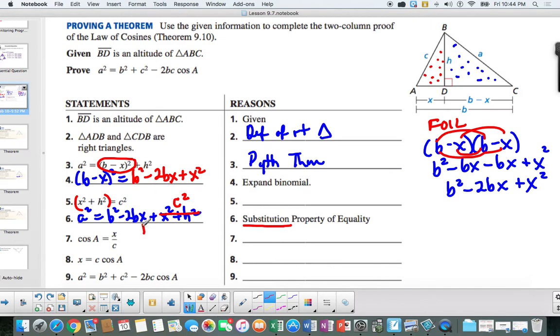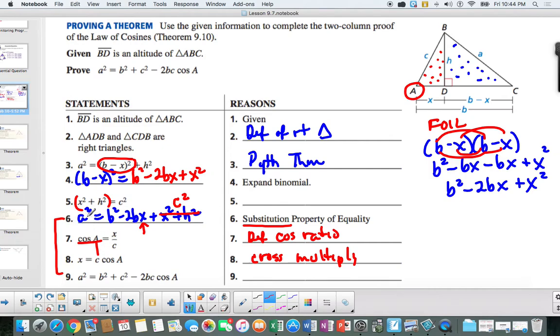Now what I'd like to do is take care of this x right here. So I'm going to go back to angle A, and angle A is the adjacent over the hypotenuse. So that's the definition of the cosine ratio. And then I'm going to cross multiply, and I'm going to rewrite line 3.